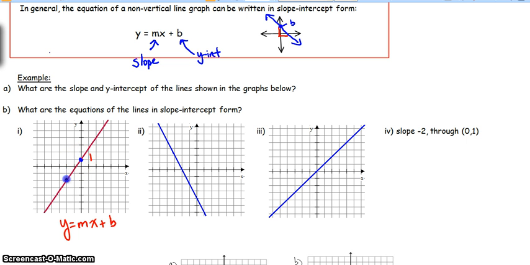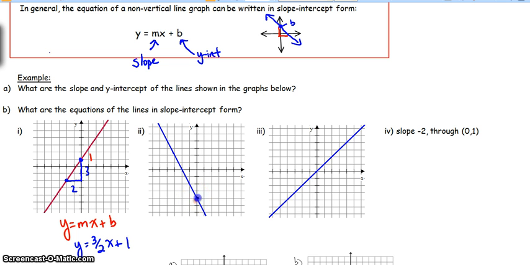It doesn't matter which 2 points I pick, because the rise over run between 2 points on the line is the rate of change. The ratio is the same no matter what 2 clear points I pick. 1, 2, 3/2. So now I know the equation of my line is y equals 3/2x plus 1. My slope is positive because it's rising left to right.